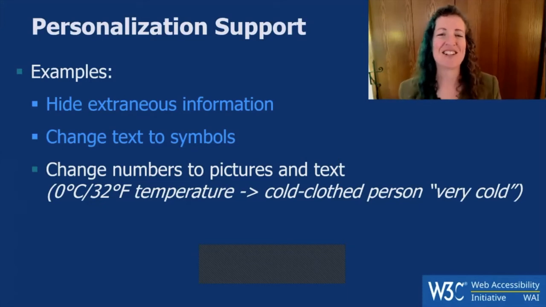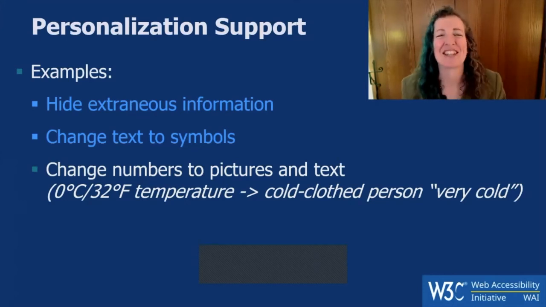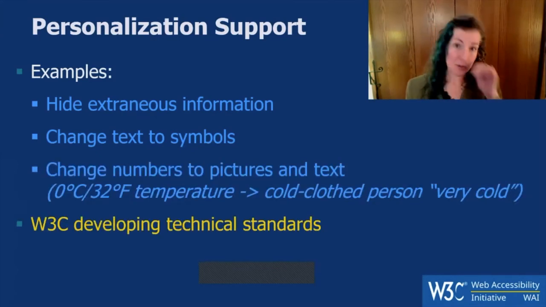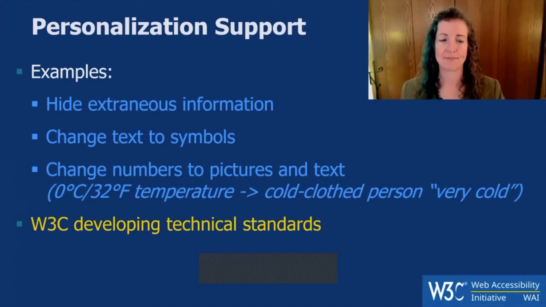So you want to change that. And instead you get a picture of a person who's in mittens and a hat and a sweater, and the text is very cold. That's an example of personalization. And W3C is developing technical standards for personalization. That's a current ongoing project.